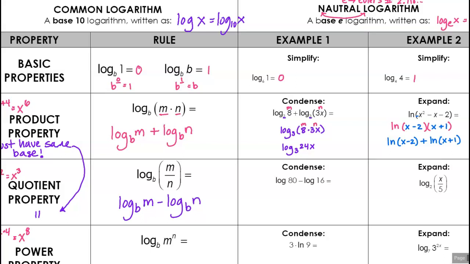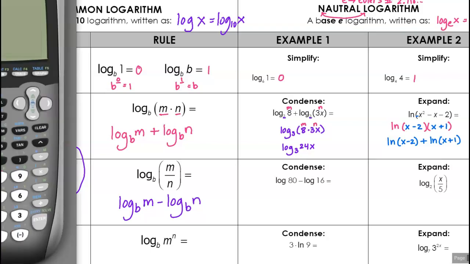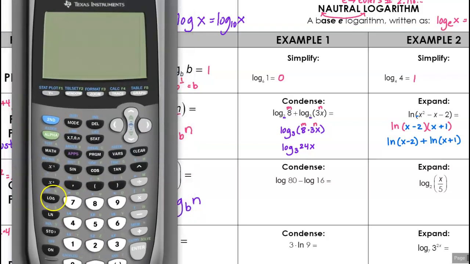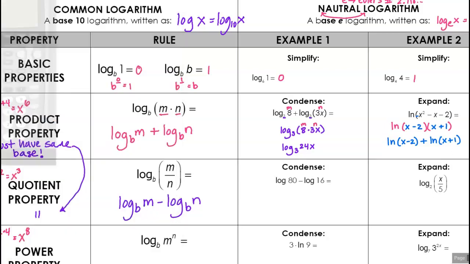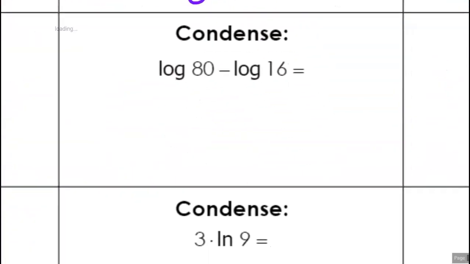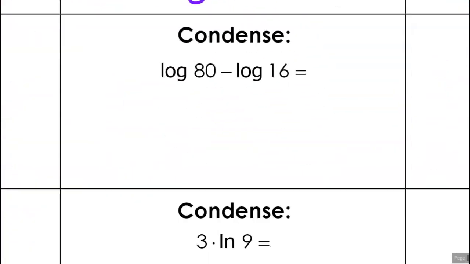If you look on your calculator and you see this button right here that says log, see that button that says log? That automatically is the common logarithm. It has an invisible base of 10. All right. So yes, these do have the same base. It's the invisible base of 10.